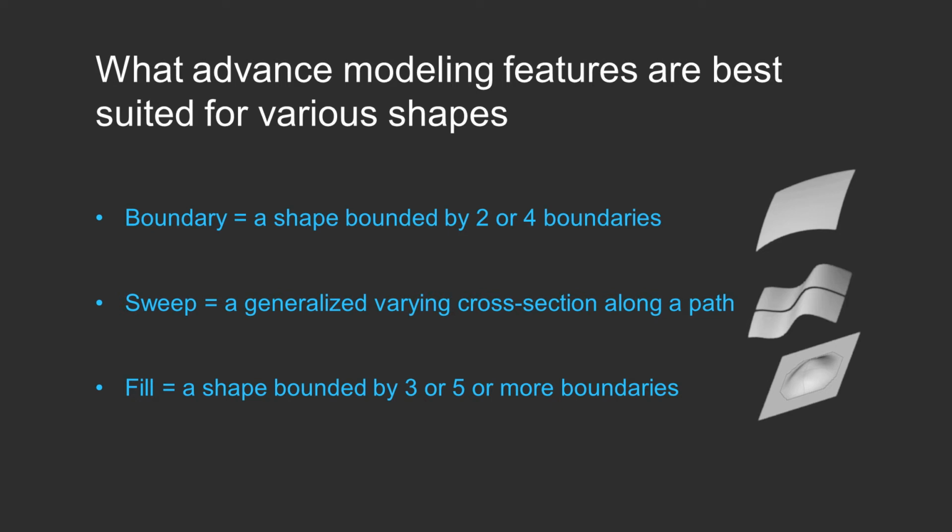Boundary is a feature that is necessary when you want to make an algorithmic surface between 2 or 4 boundaries. When I say algorithmic, I mean it's an advanced swoopy shape.